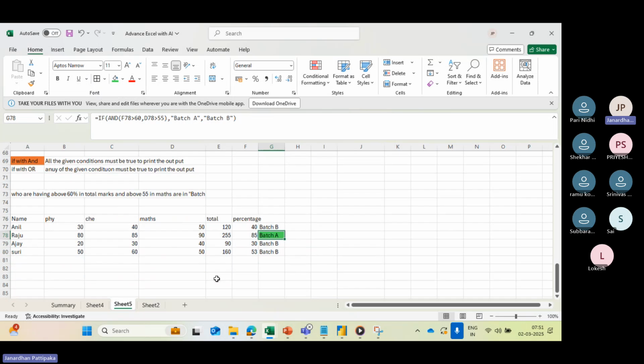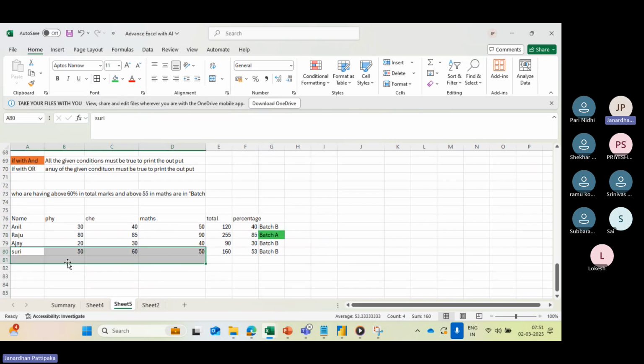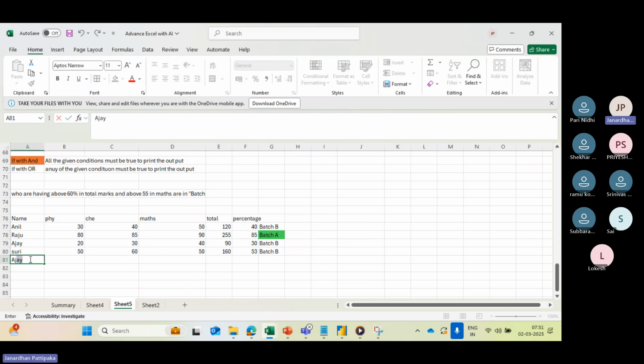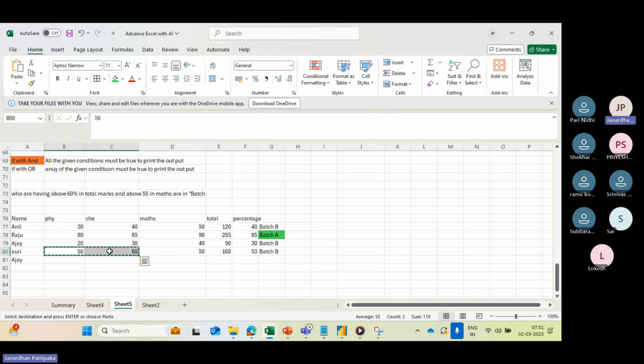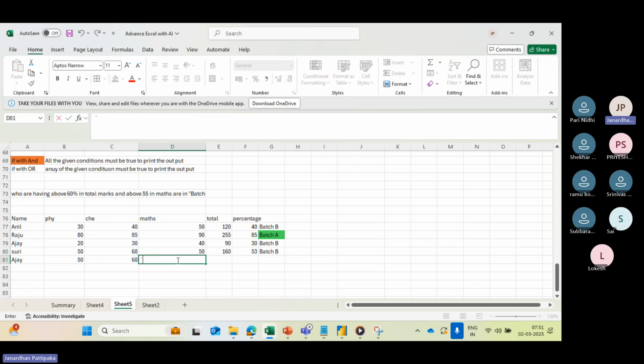Now let us take another person over here. I will take another person's marks, like Ajay. Suppose just think these are the percentage marks, you will get 50 or something. I am giving 50, 60. I'm getting the maths. He got very good marks. So we got 99.